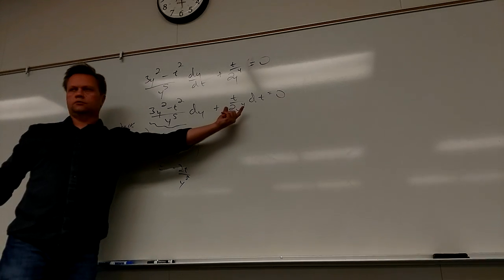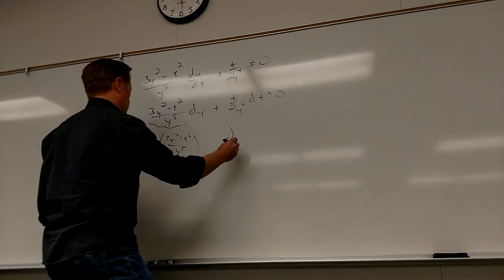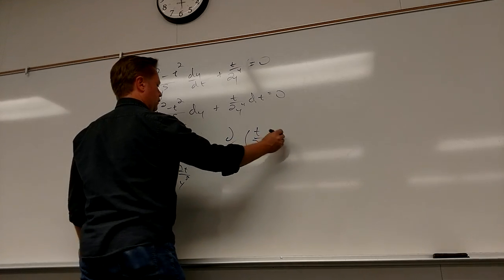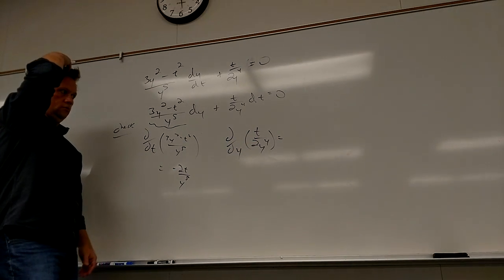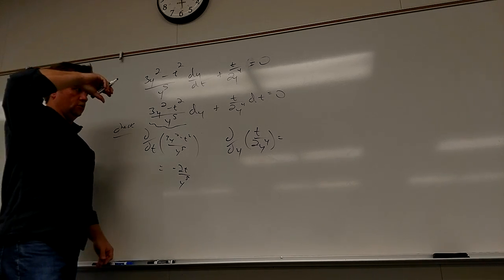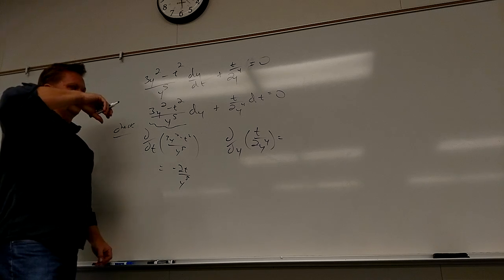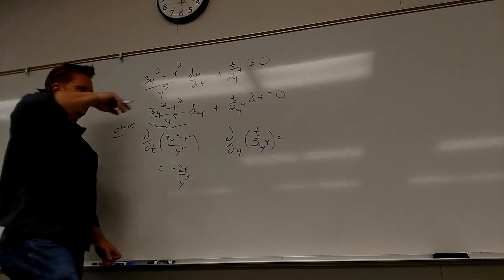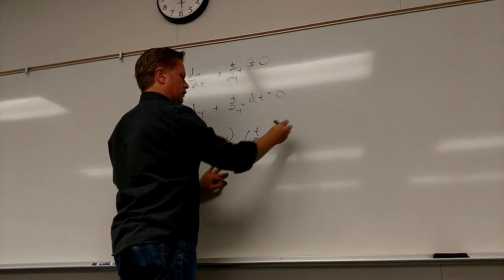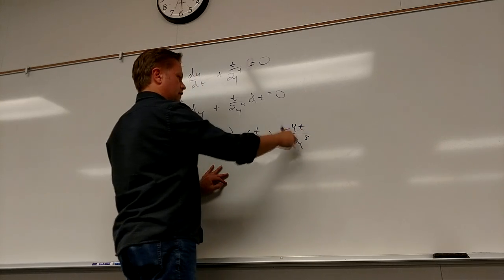And sure enough, what's ∂ by ∂y of t over 2y to the fourth? This is close, right? Negative 2t over y to the fifth. Yeah, because that's negative 4, so it'll be negative 4t over 2y to the fifth, and that's negative 2t.